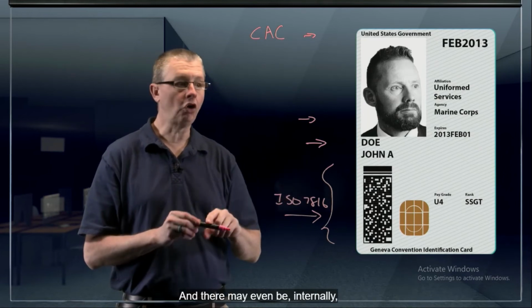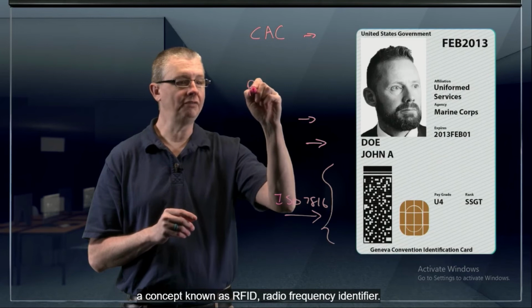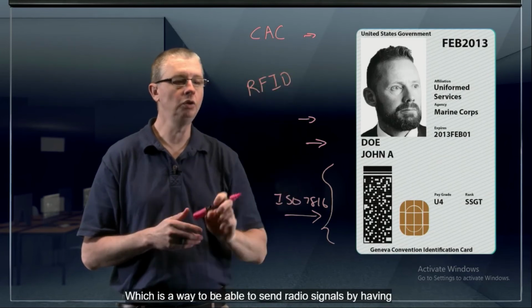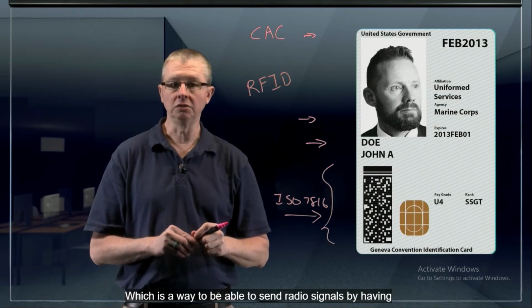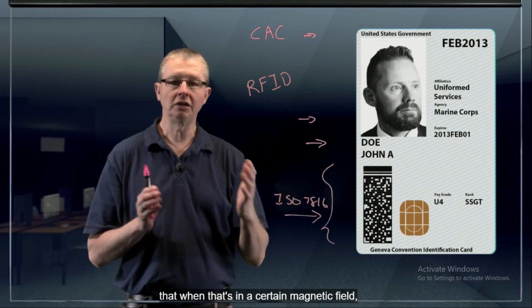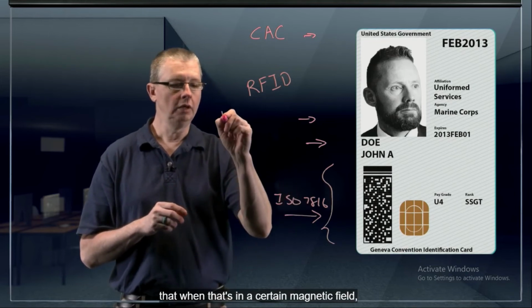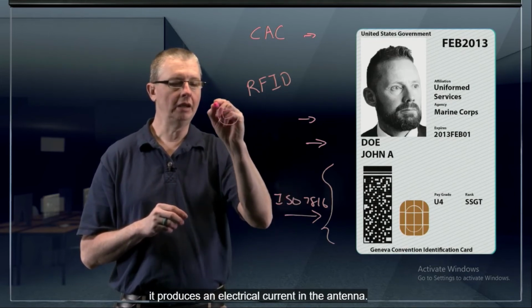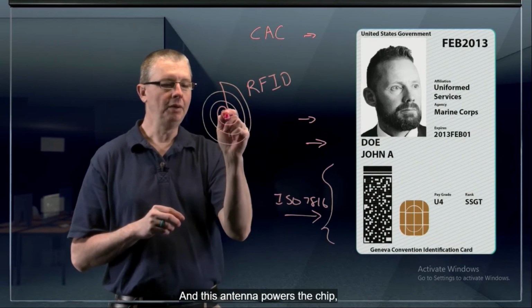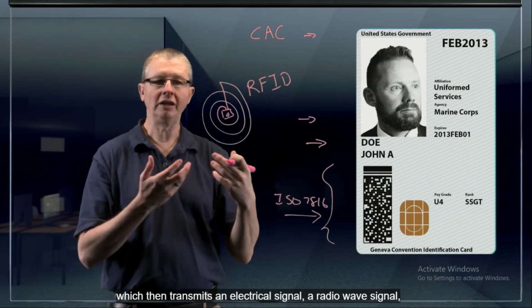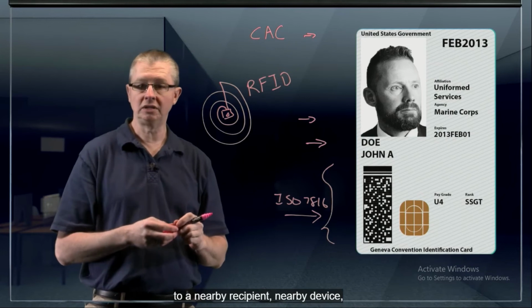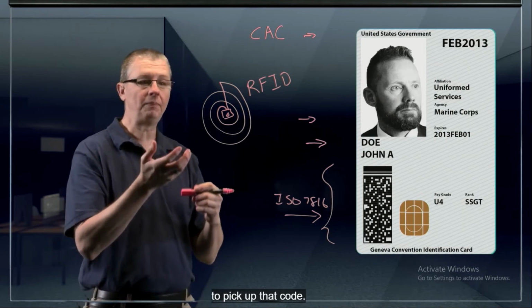And there may even be internally a concept known as RFID, radio frequency identifier, which is a way to send radio signals by having a special antenna inside the card itself. When that's in a certain magnetic field, it produces an electrical current in the antenna, and this antenna powers the chip, which then transmits an electrical signal, a radio wave signal, to a nearby recipient, a nearby device, to pick up that code.